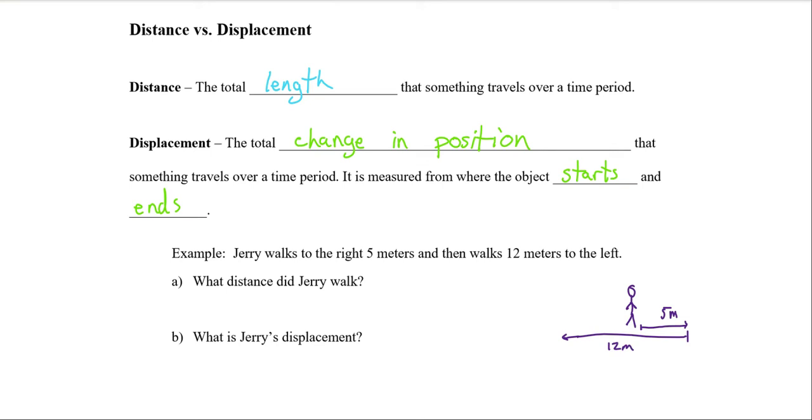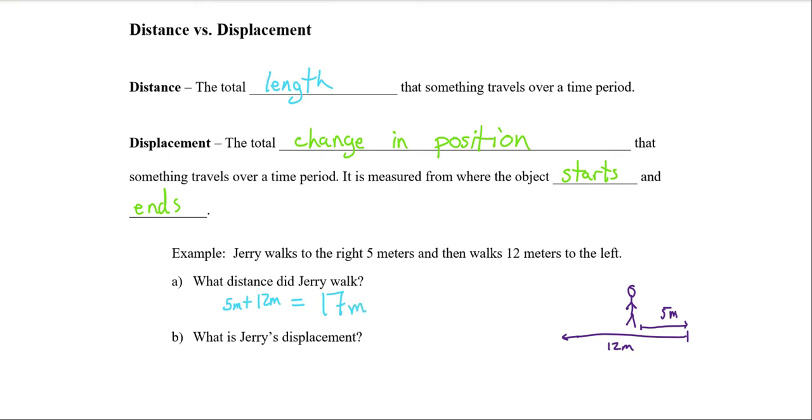Well, if I'm looking at this situation, what distance did Jerry walk? Well, Jerry walked 5 meters and then 12 meters. Distance is my total length, so I would just take my 5 meters and my 12 meters, and that means he walked a total of 17 meters.